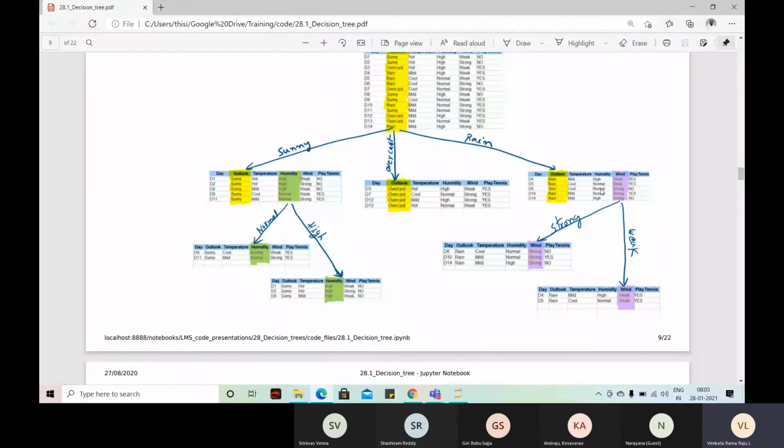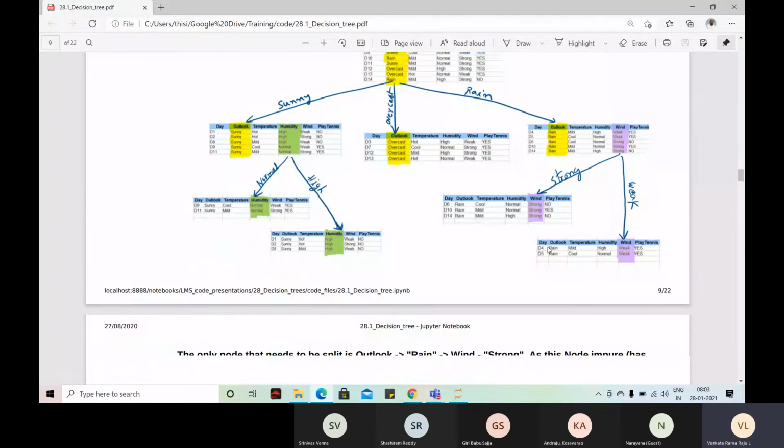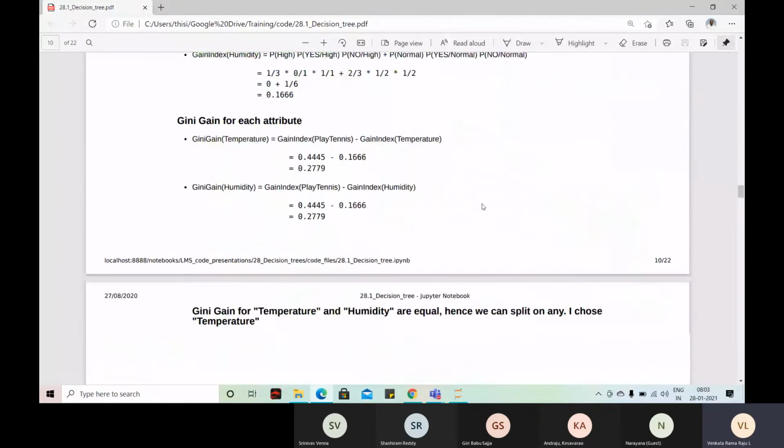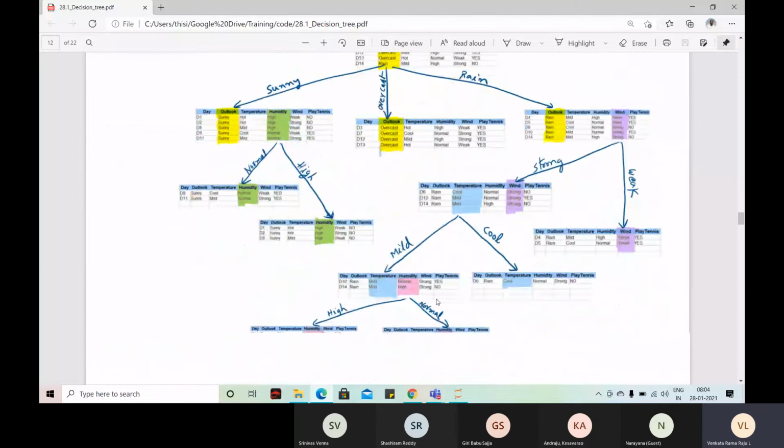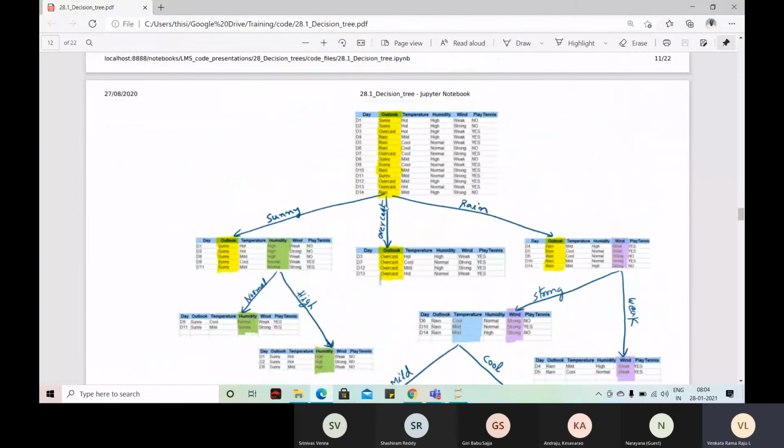Temperature and wind are the best here, because on weak wind people are playing. On strong wind there is another feature with an impact. This is still an impure node, so I need to do more math and find out. Even this is impure, so I am doing more math. So this is the ultimate tree.